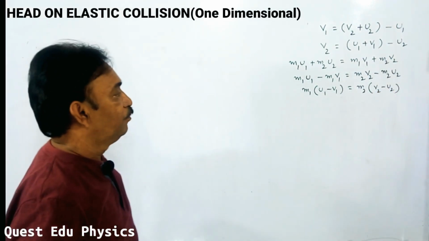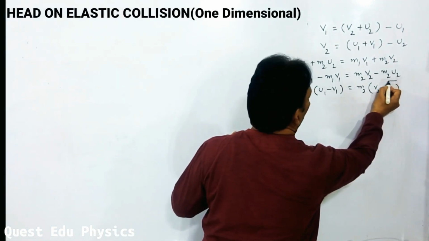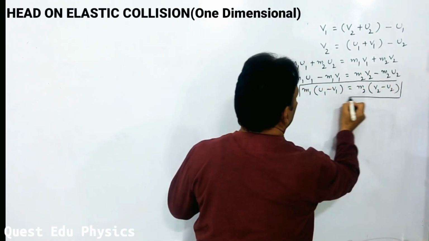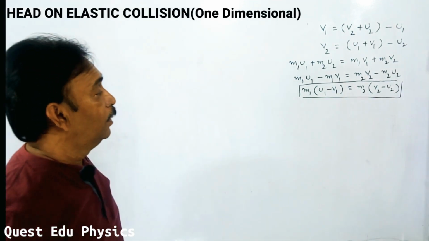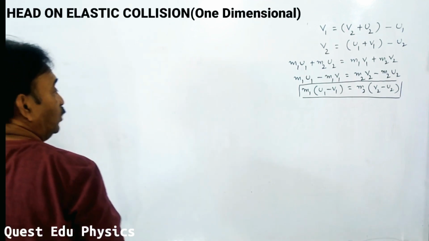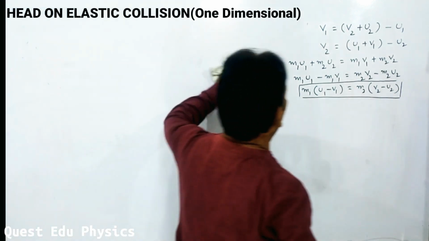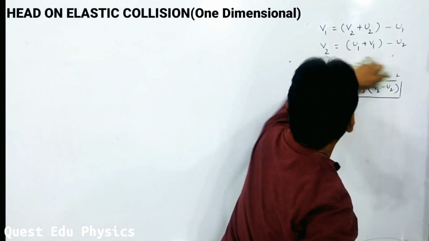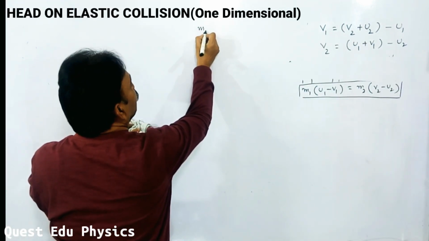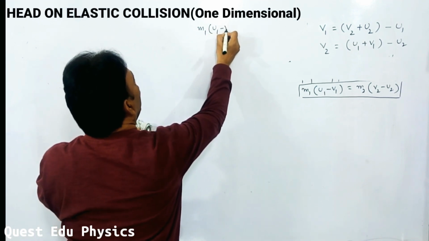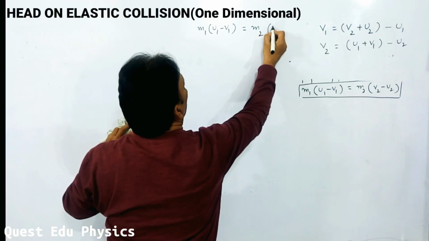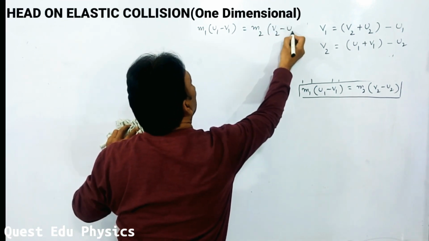Students, this is the equation we have to use to get the final velocities. Let's use that equation. See this: m1 of u1 minus v1 is equal to m2 of v2 minus u2.